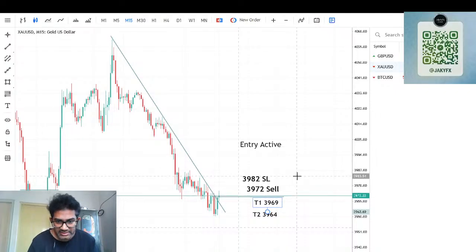And after it reaches the first target of 3969, partial profits should be booked. Partial profits book करना ही होगा. 3972 sell, 3969 first target, and you can trail the stop loss after it's reaching the first target price until it reaches the second target of 3964 or 3960.